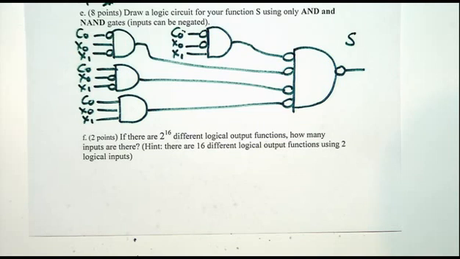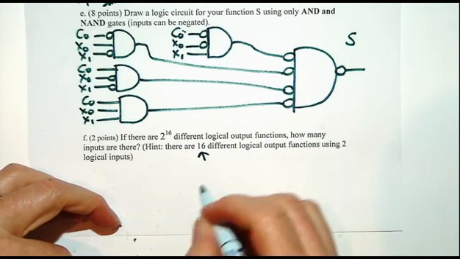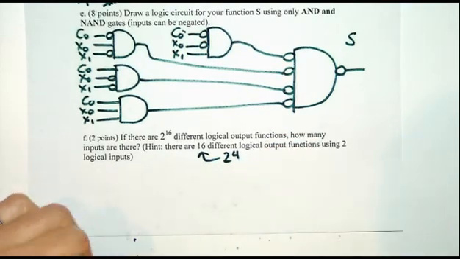So problem 1 on homework 1 was we actually had to define all the 16 different logical output functions when we had 2 input variables. So there were 16 different functions for that, which is equal to 2 to the what? So 16 is equal to 2 to the 4th, and we had 2 inputs. So what do you think that 4 represents?